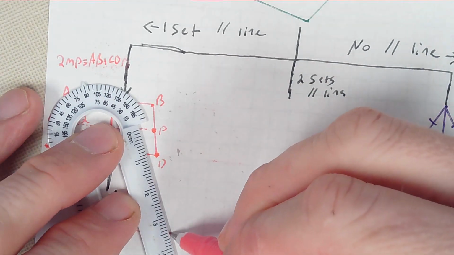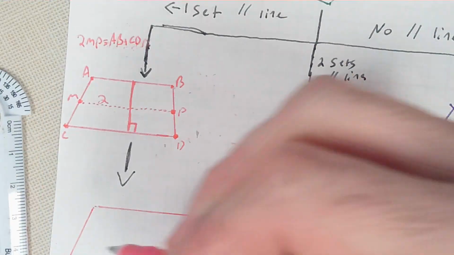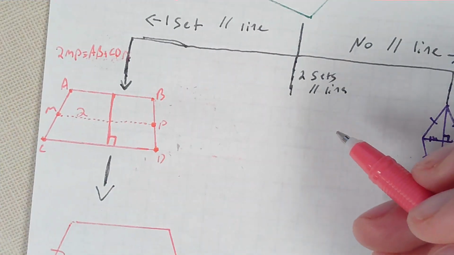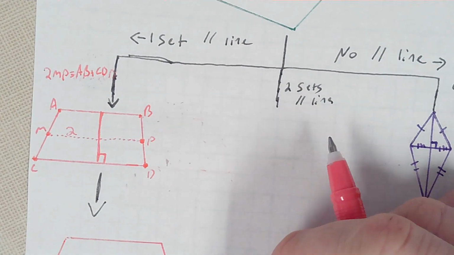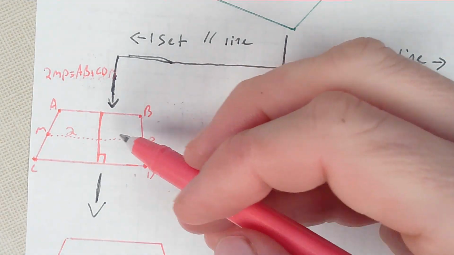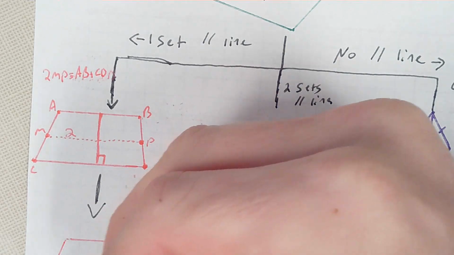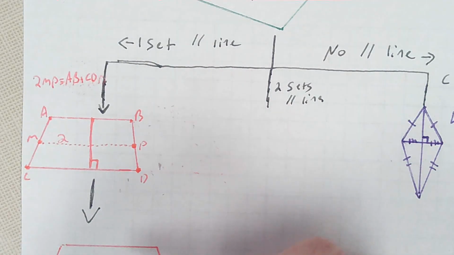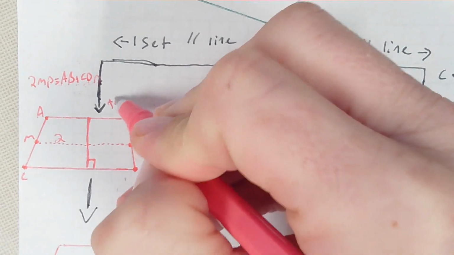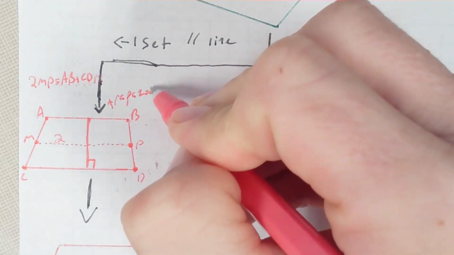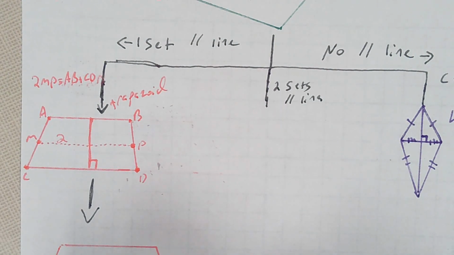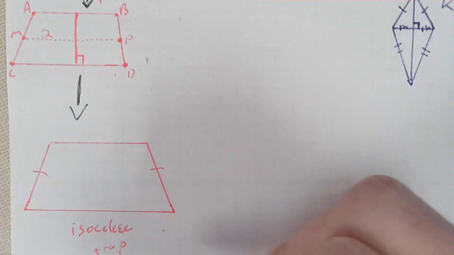These are all congruent. Did the best I could. But this is still the same. It's a trapezoid. This is an isosceles trapezoid.